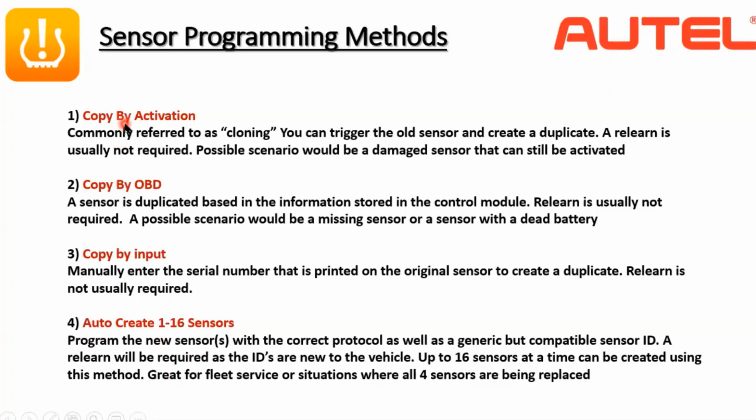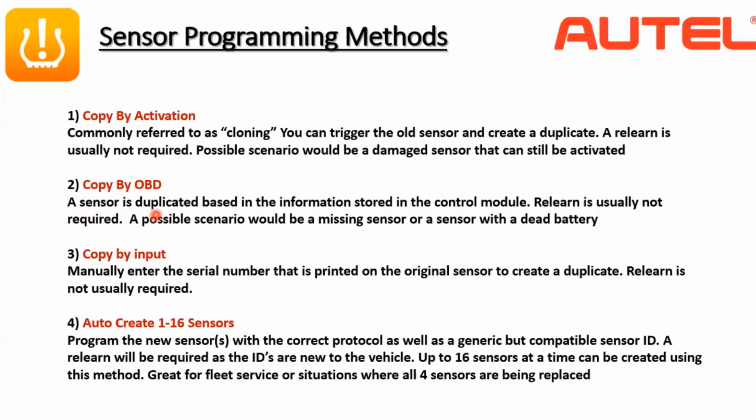Copy by activation is basically taking the data available on your existing sensor, retrieving the data from the existing sensor on your car, and pasting that information onto the new sensor. So you don't require a relearn procedure after this method of programming.